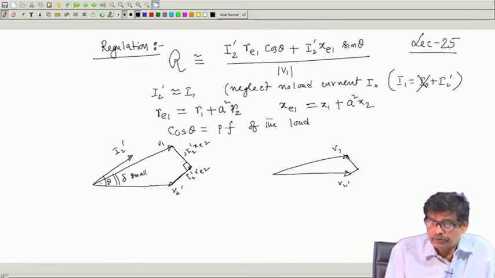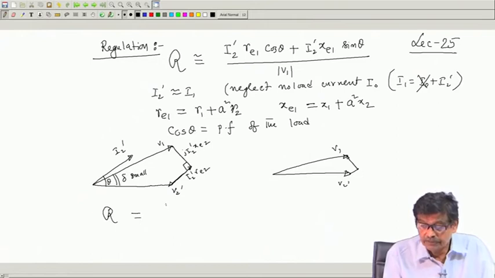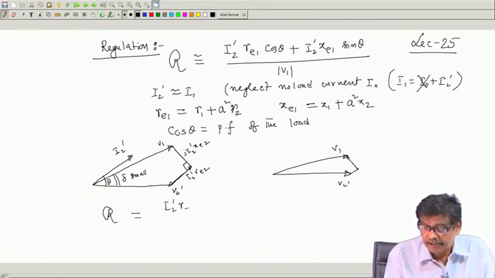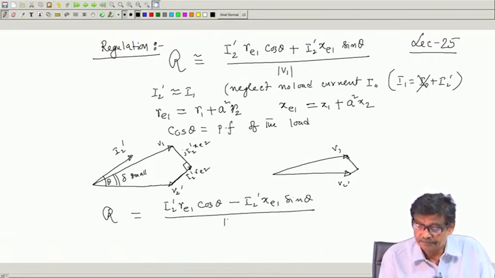If you do the same exercise, the regulation expression will be equal to I2 dashed Re1, which I am not deriving, and I leave it as an exercise, minus I2 dashed Xe1 sin theta, divided by V1.